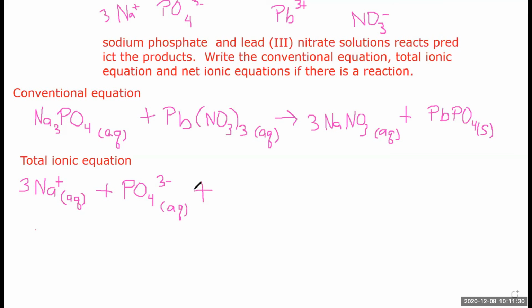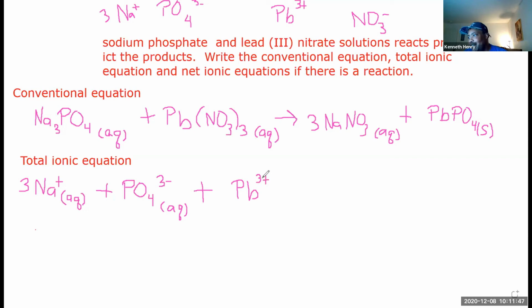Pb. Plus. Wait, it has a +3 charge. There we go. So 3 plus, okay. Solid, liquid, gas, or aqueous?